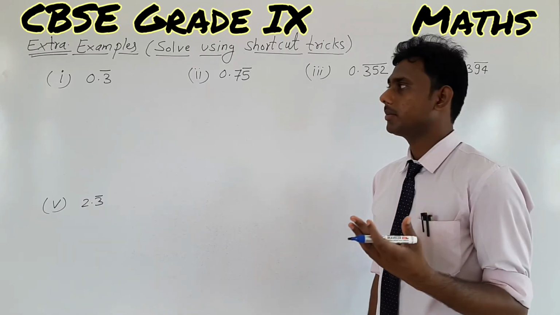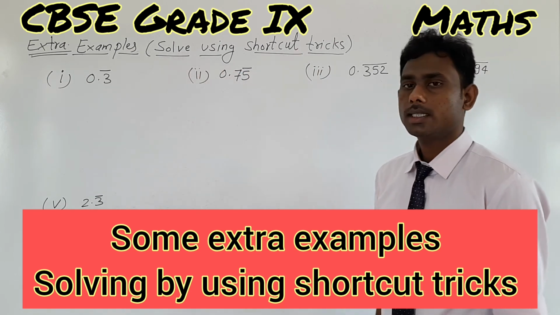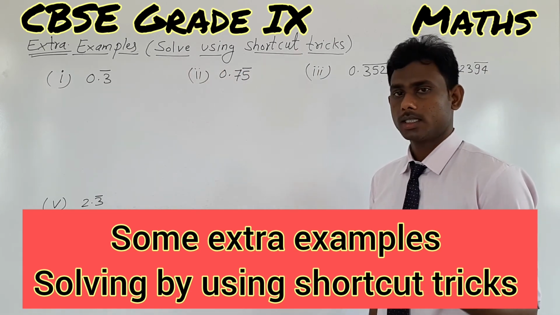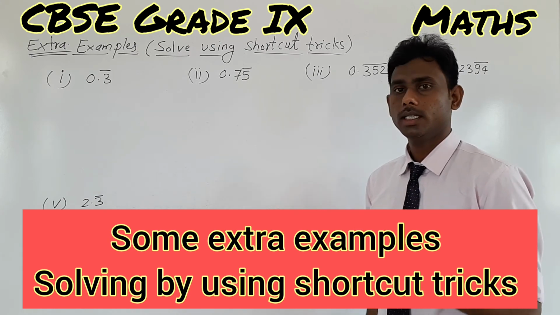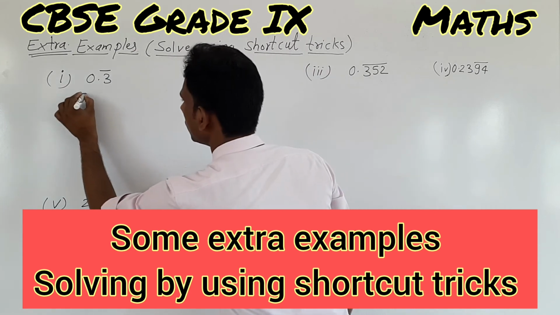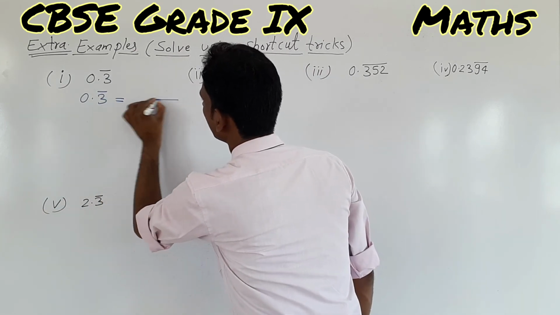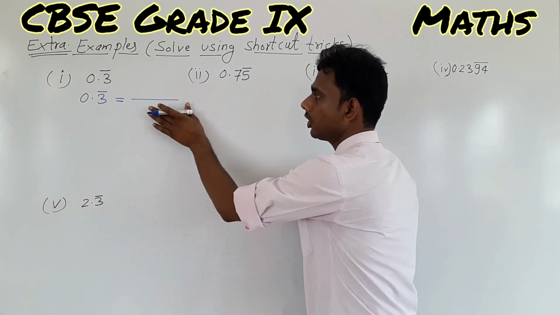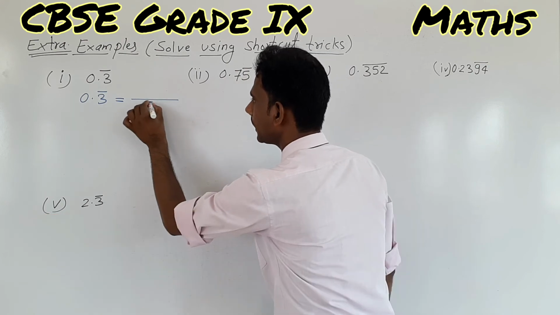Friends, let's see some extra examples. We have to solve such examples with the help of shortcut trick. First is 0.3 bar. You write here 0.3 bar. This will be equal to, what you write in denominator? Since 3 is recurring, then you write denominator 9.